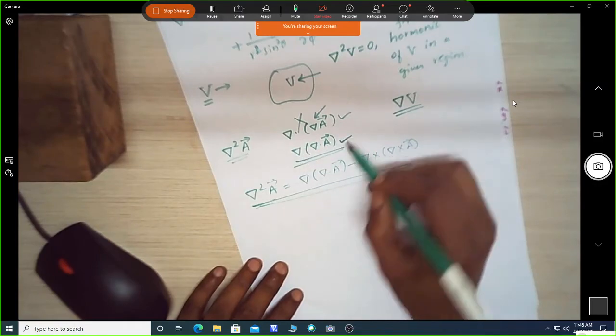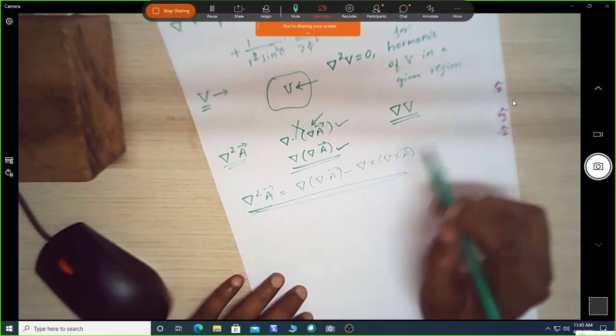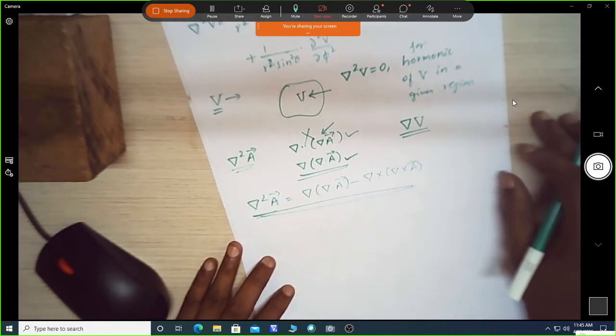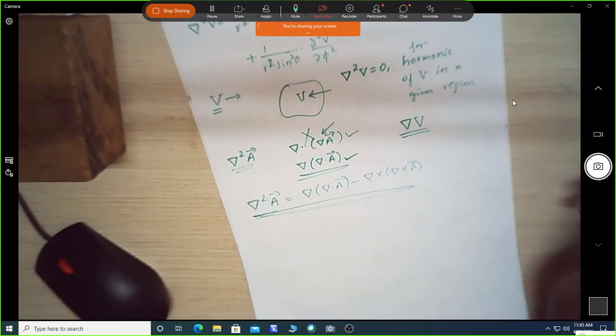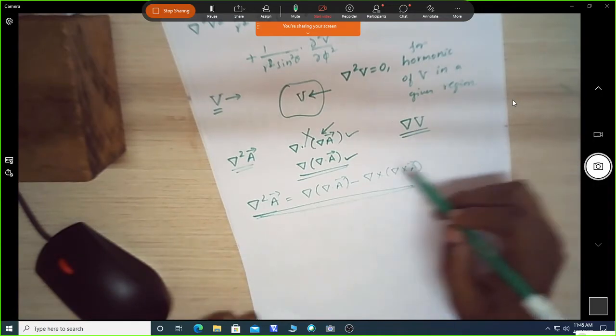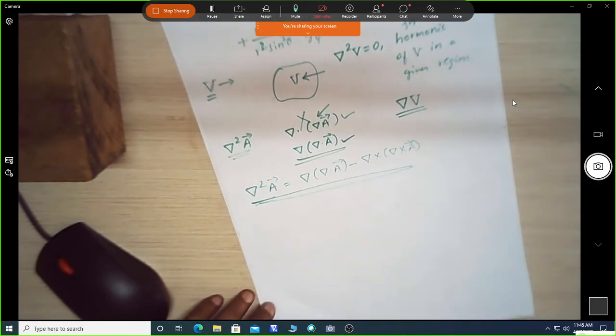And this one you have to take care of. When you apply it, how to read exactly whether it is a divergence of a vector or the gradient of a scalar, we have to be very careful. So this is the del square A, that is the Laplacian of a vector. You can apply the Laplacian to a scalar as well as a vector. Is it understood?